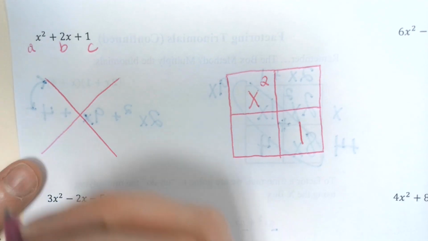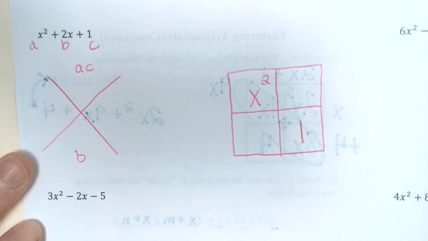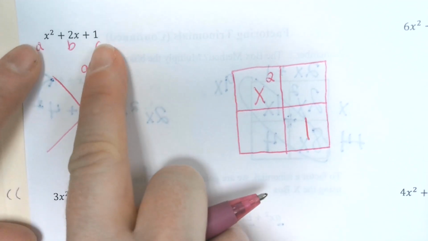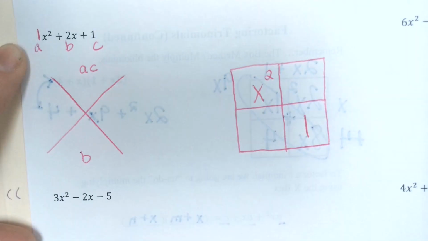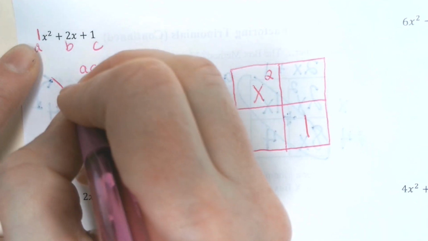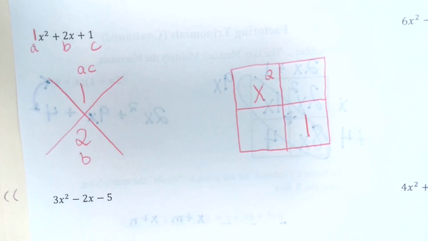All right, so now we've got to do our box. A, C, and B. So you multiply A times C. Well, A would have to be 1 because there's that invisible 1 up front. So 1 times 1 is 1. And then our B is 2.